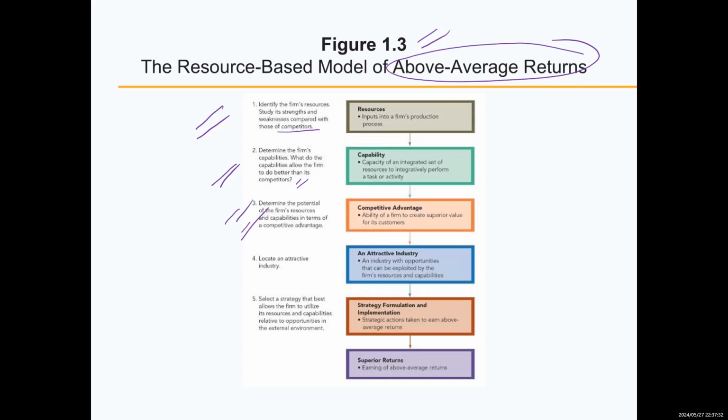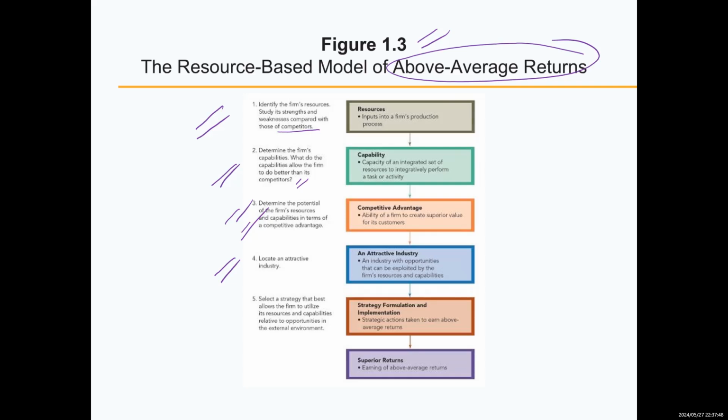The fourth one is locate an attractive industry. Determine the industry that provides the best fit between characteristics of the industries and your resources and capabilities.